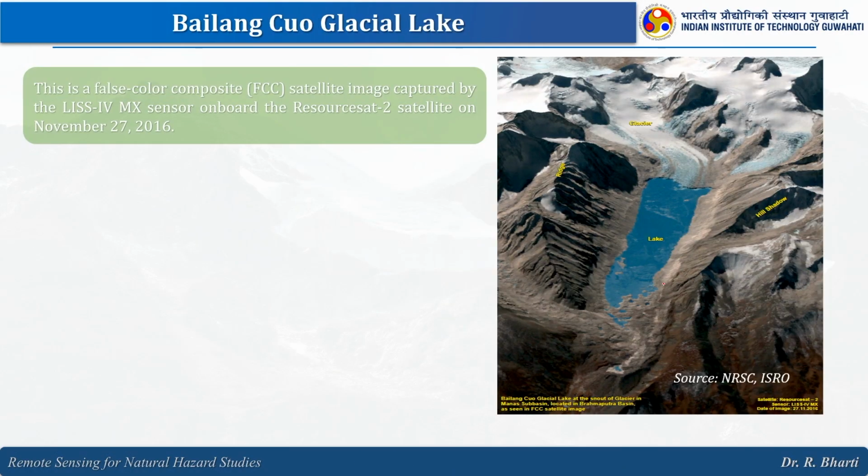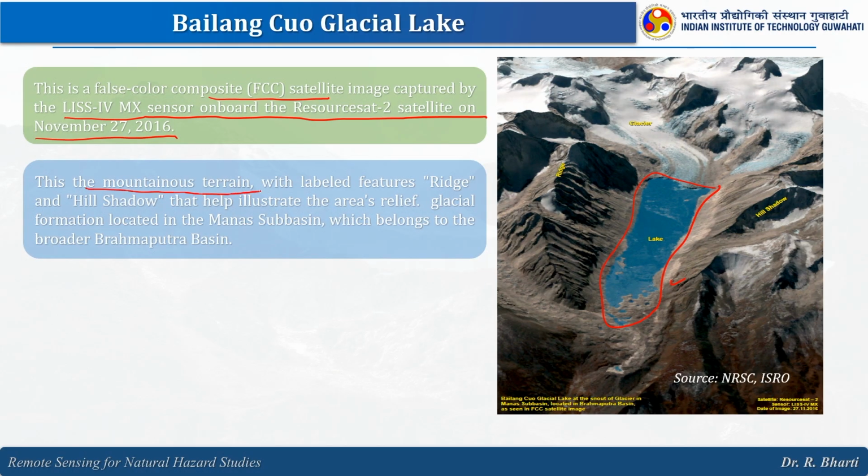Then this is another example. This is a false color composite, FCC, that I hope you remember from the remote sensing portion. This is captured by the LISS-4 MX sensor on board the ResourceSat-2 satellite on November 27, 2016. This is mountainous terrain with labeled features, ridge and hill shadow, that help to illustrate the area relief.